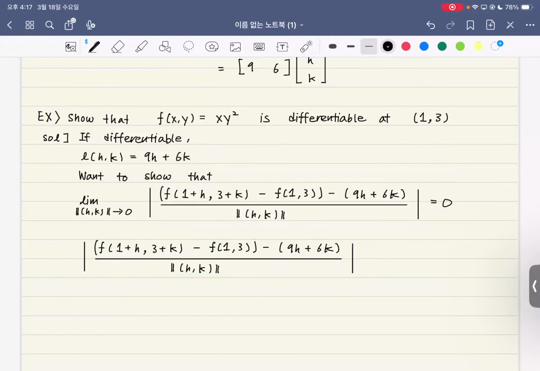So we have this: f(1 plus h, 3 plus k), which is (1 plus h) times (3 plus k) squared, minus f(1, 3), which if I plug in x equals 1 and y equals 3 is 9, and minus 9h minus 6k, everything divided by the square root of h squared plus k squared.